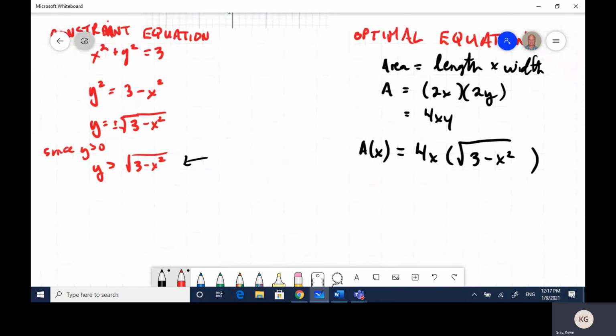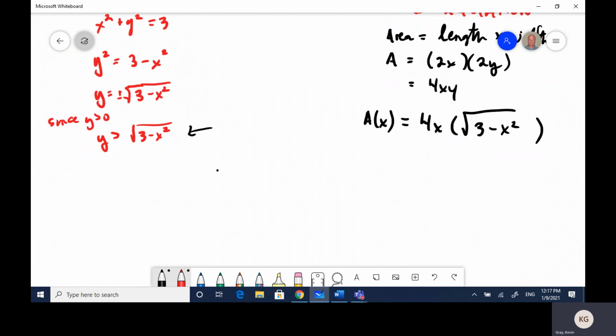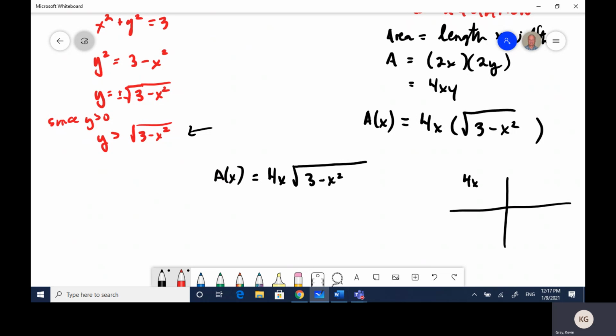Okay, so the next thing we have to do is take the derivative of this function. Now the derivative of this function is found by using the product rule. So just over here on the side, I'm going to write my two products, 4x and 3 minus x squared, except I'm going to get rid of the square roots and write it as to the 1/2.